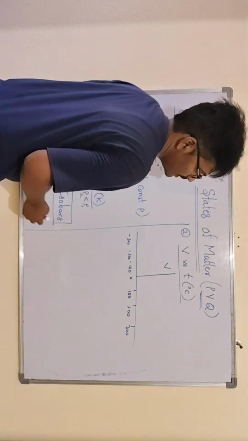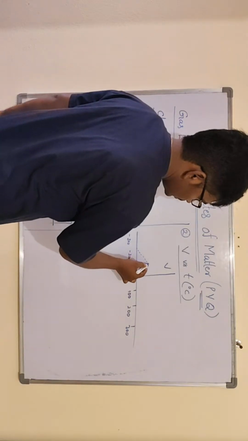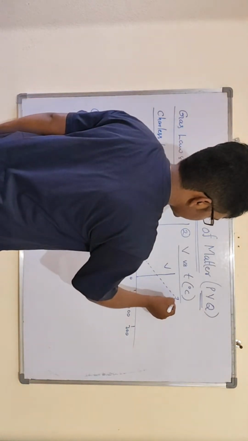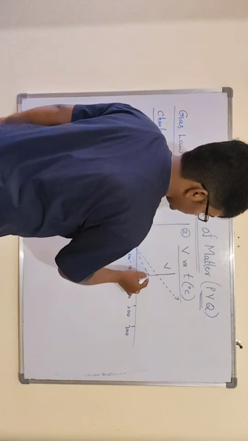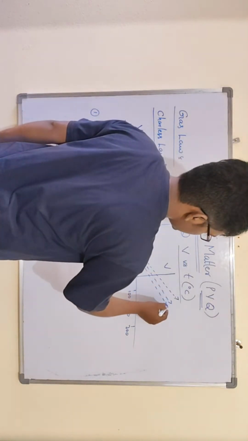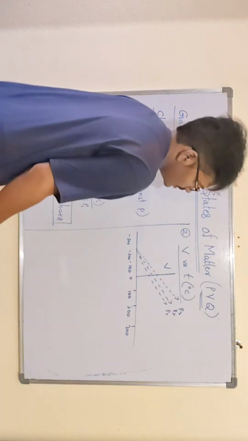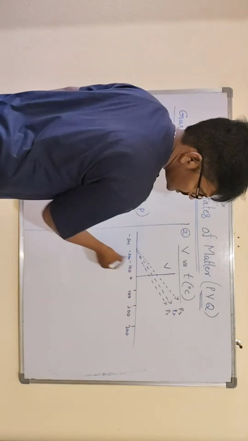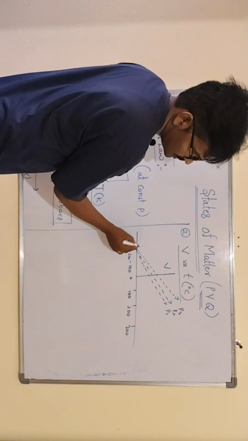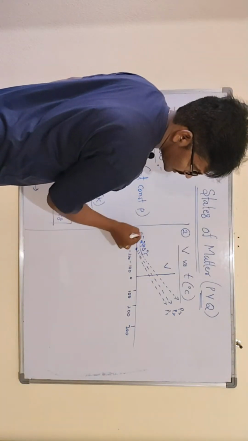Then we get minus 273 degrees Celsius, which is 0 Kelvin. We get the straight lines P1, P2, P3 meeting at minus 273 degrees Celsius.